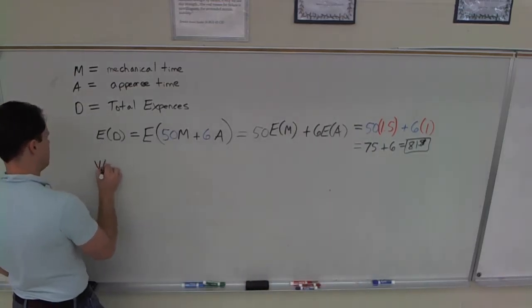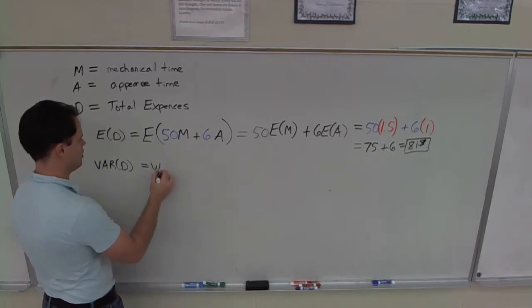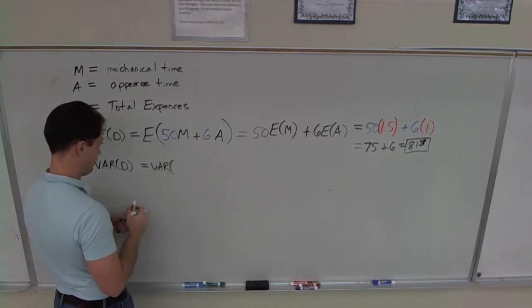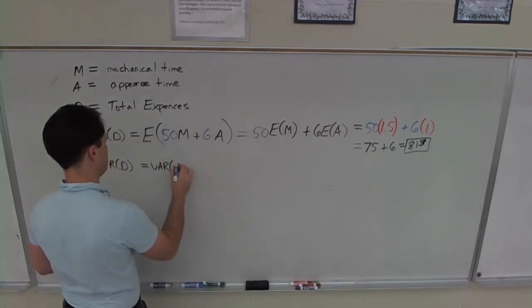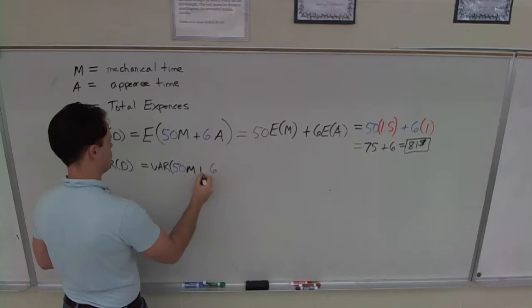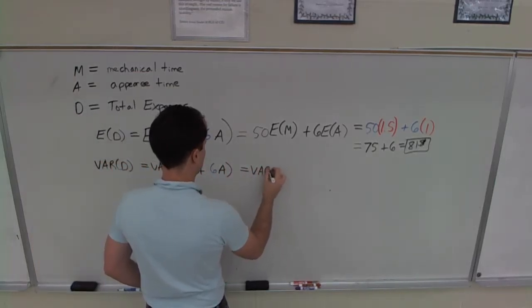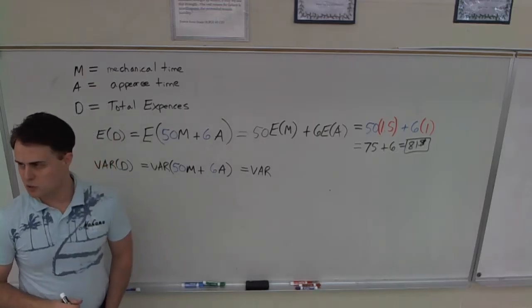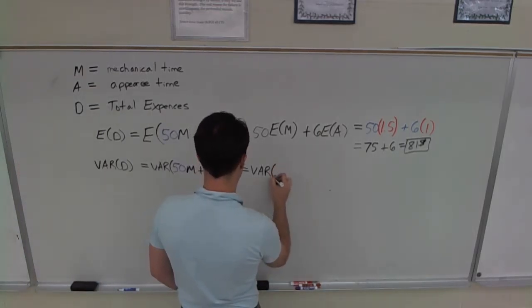So we got the variance of D, which is going to be the variance of this stuff. We said it a second ago, variance is always add, spreads always add, so we go like this, right?